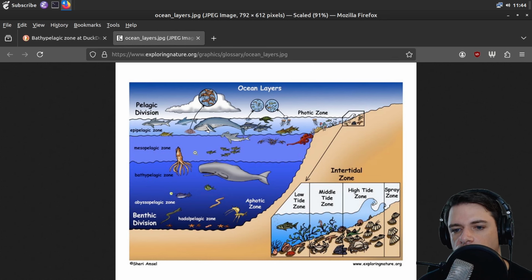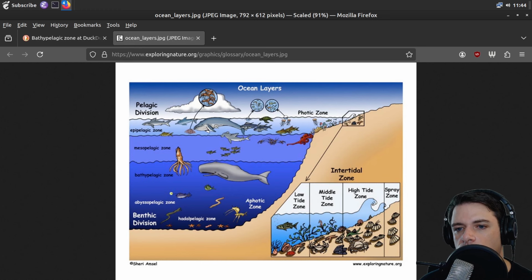And squids are in the mesopelagic zone. And as are octopodes, octopodes. And the squids can go down here.